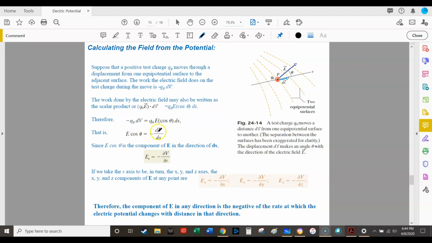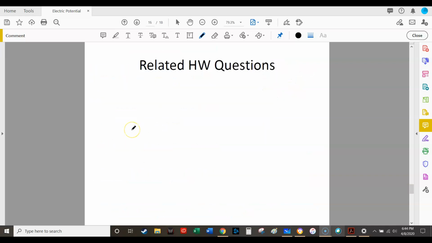I guess what I'm saying is, if you differentiate the voltage with respect to distance, you could get an electric field, okay? And you just have to solve it along one of these dimensions, okay?